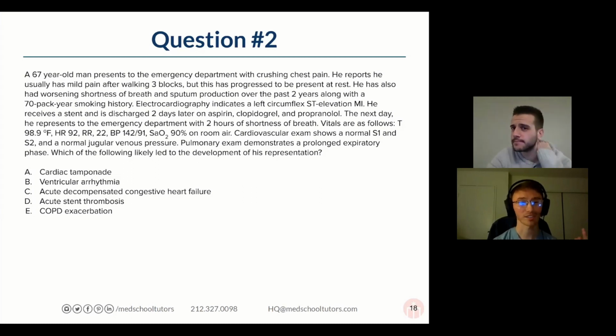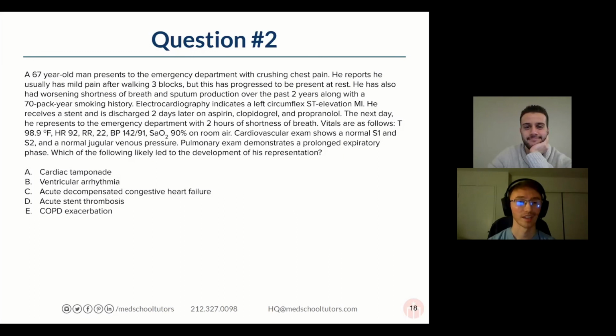We're thinking he has this cardiac issue, and with shortness of breath and sputum production, the sputum production seems like maybe a pulmonary issue. So if we think back to the question itself, representation, maybe he's representing for more of a cardiac issue. Maybe we're going more towards pulmonary. Excellent. So potentially COPD, potentially chronic bronchitis.